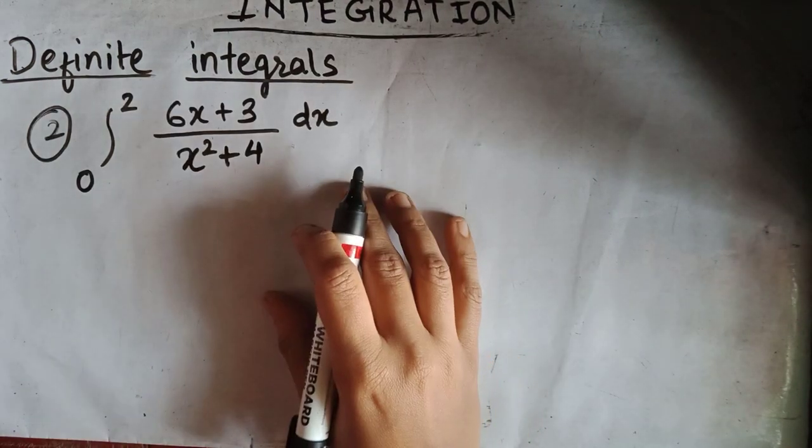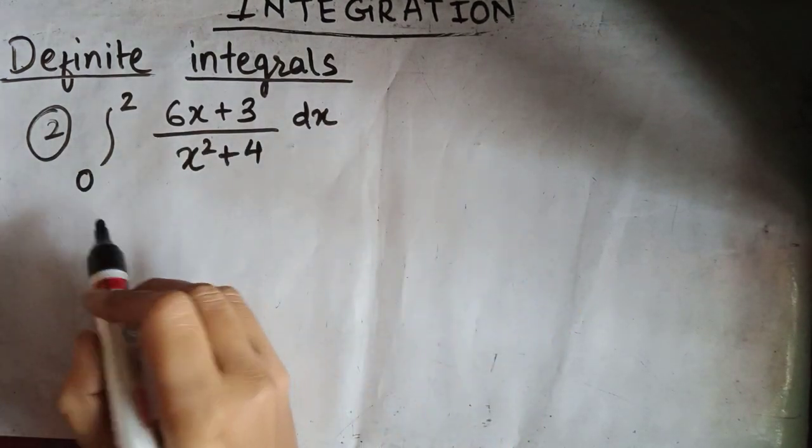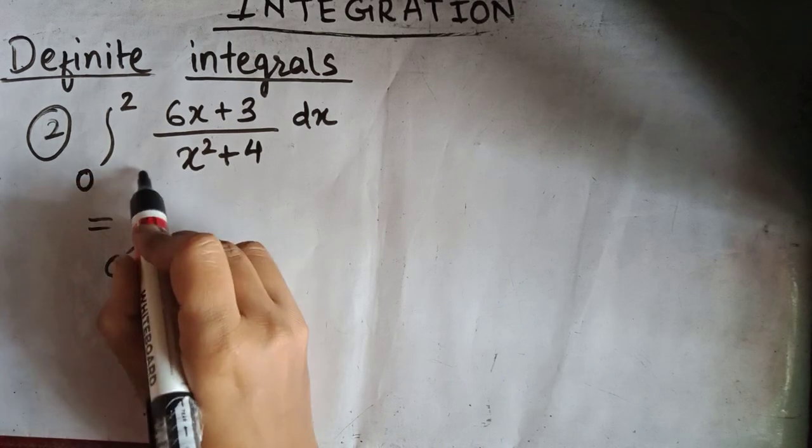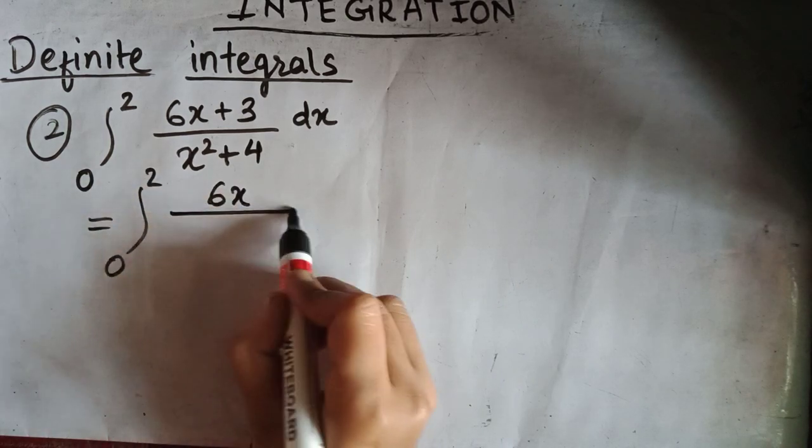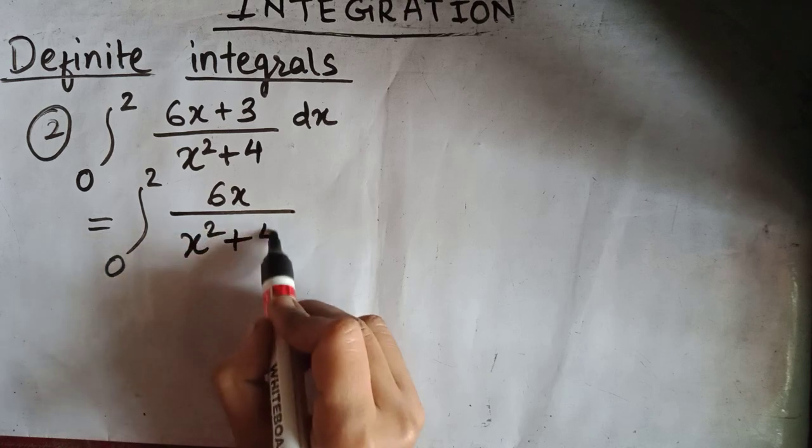Let's solve this. First you have to integrate from 0 to 2, 6x upon x square plus 4.